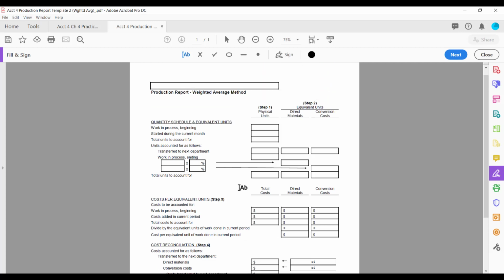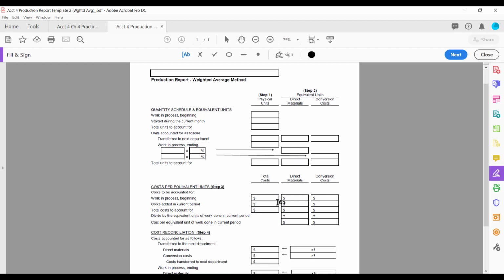So with some of our questions, whether it's the homework or the practice exam, it might simply ask us what is the equivalent units with respect to conversion costs. In that case, you would only use that first section. But the next problem might ask you, what's the conversion cost per equivalent unit for that department?